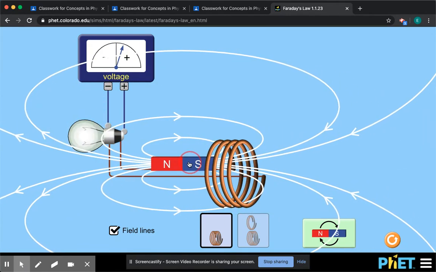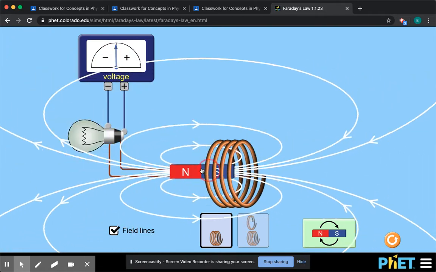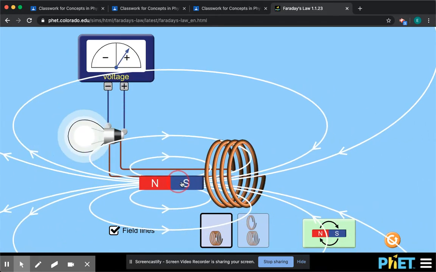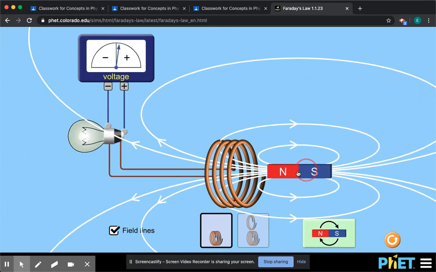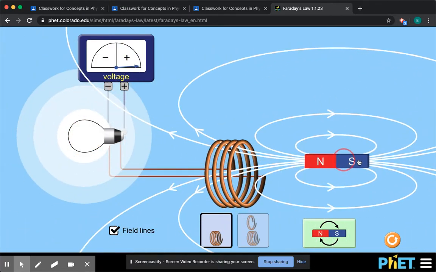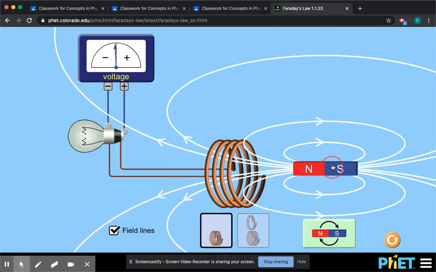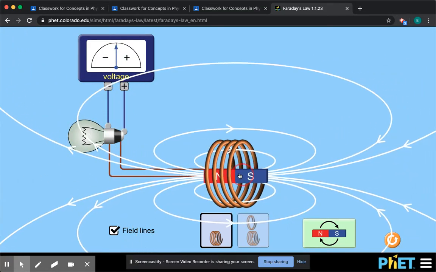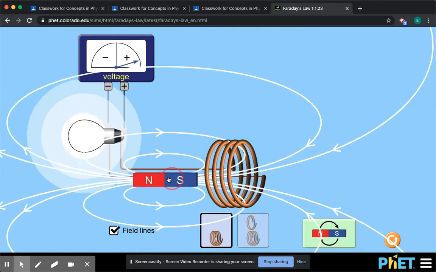You can see that the voltage meter activates, which means there is a flow of electricity. Every time you pass the magnet through, you get a flow. And notice how no matter whether I pass from left to right or right to left, the voltage meter always starts with the negative portion first and then the positive portion second.